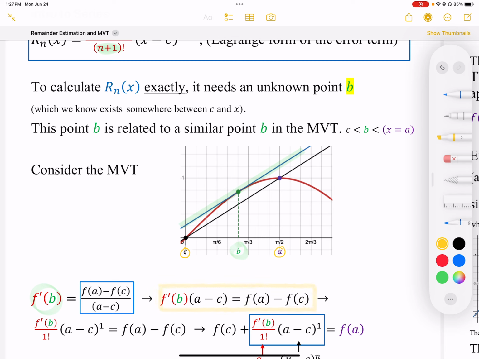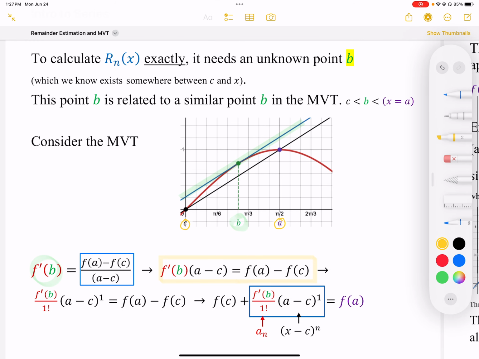And from here, we're going to rewrite f prime b as f prime b over 1 factorial. The reason we do that is so that it starts looking more like our Taylor expansion. F of a is the point that we're estimating. F of c is the center, the starting point of our Taylor polynomial, so the first approximation, f of c.